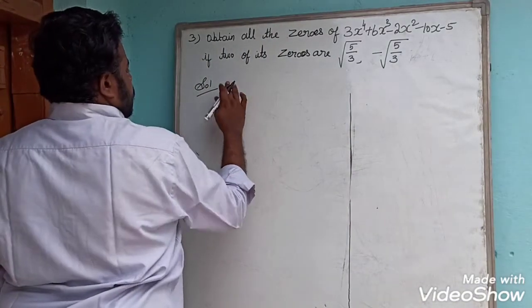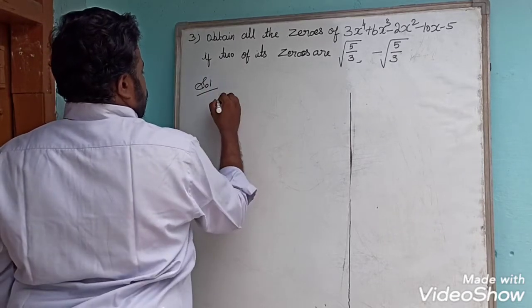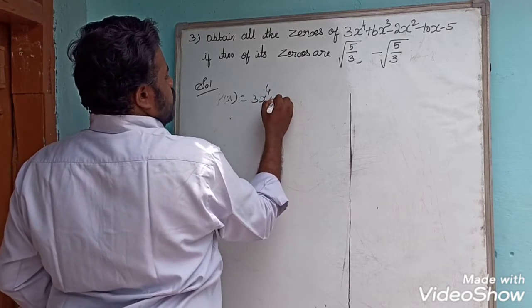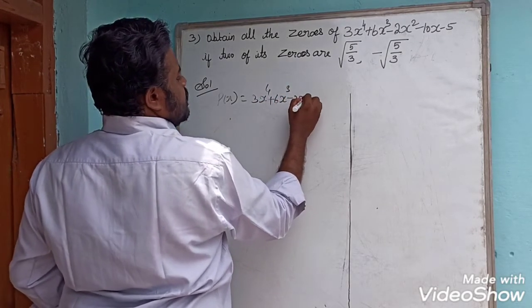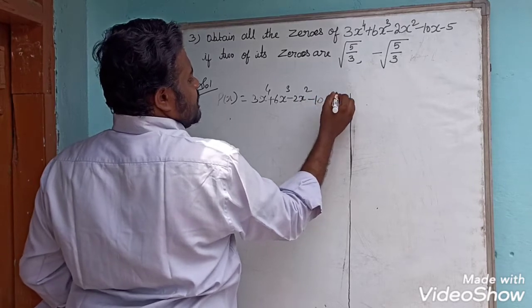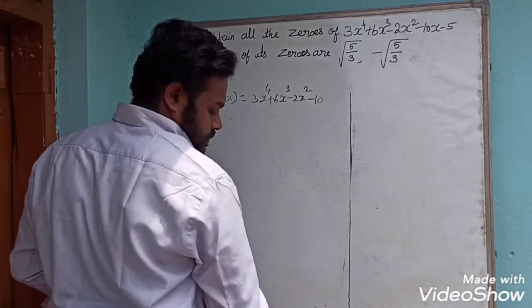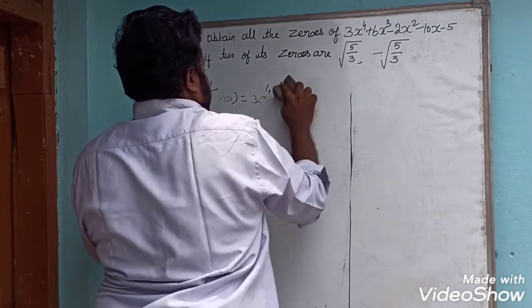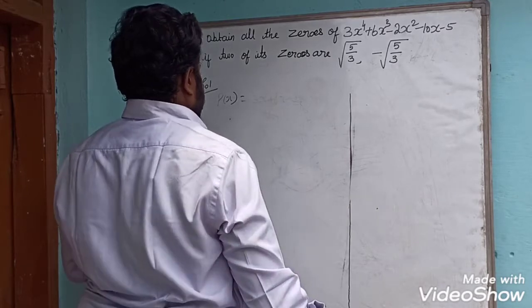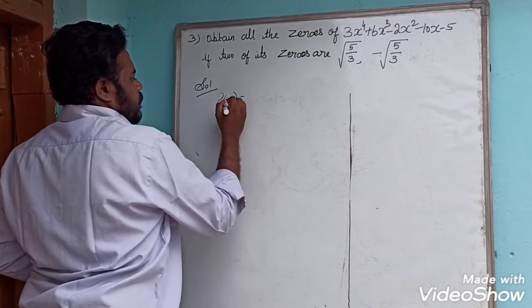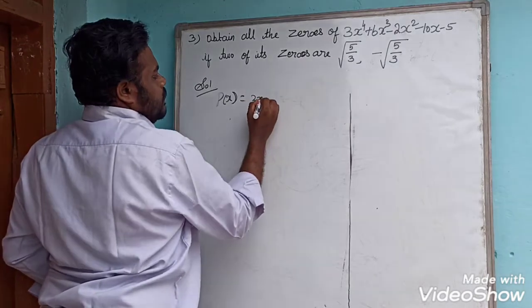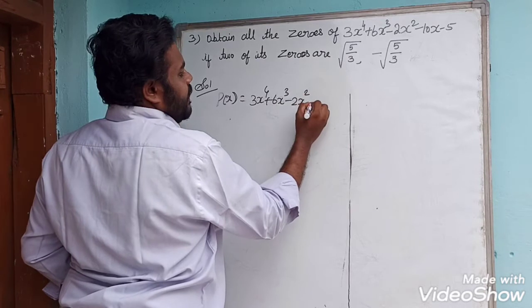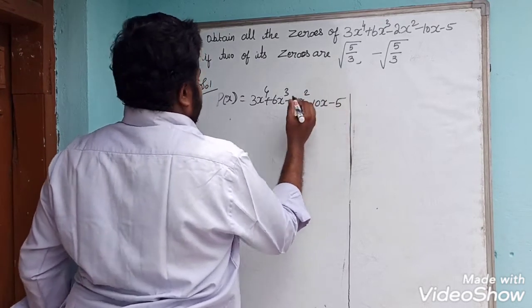So here p of x equal to 3x power 4 plus 6x cube minus 2x square minus 10x minus 5.